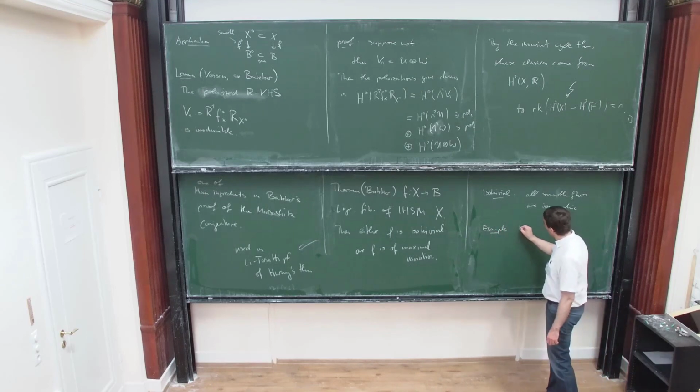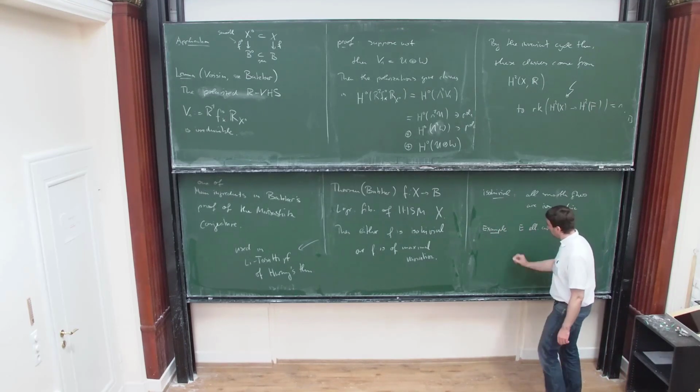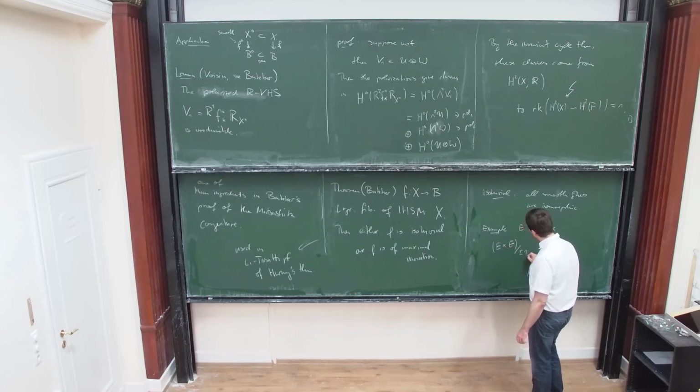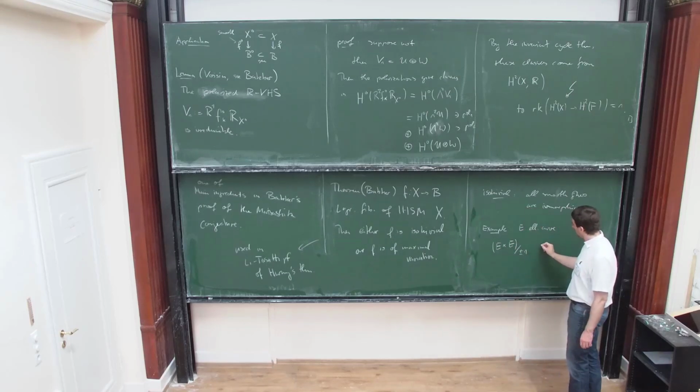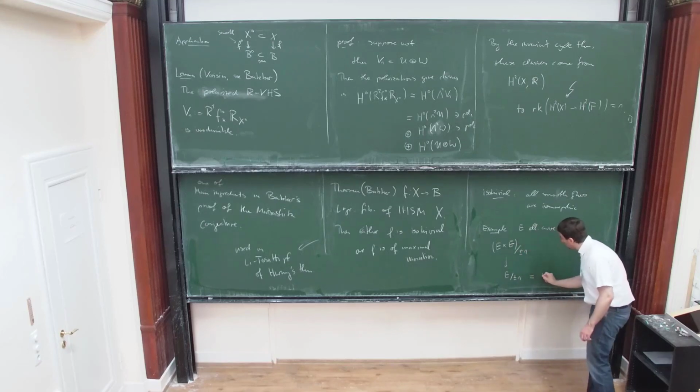So, for example, you take E an elliptic curve, and you take E cross E. You take the quotient by plus minus 1, and then you project to E modulo plus minus 1. That is, of course, P1.